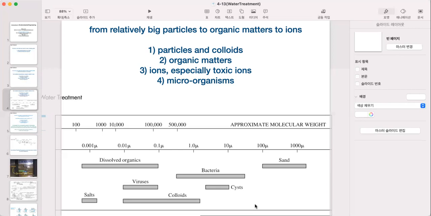Right? 18 Dalton. So there might be the size in the unit of Angstrom, nanometers and micrometers, 10 to the minus 13 or 10 to the minus 14 meter. But we don't use that unit with water.